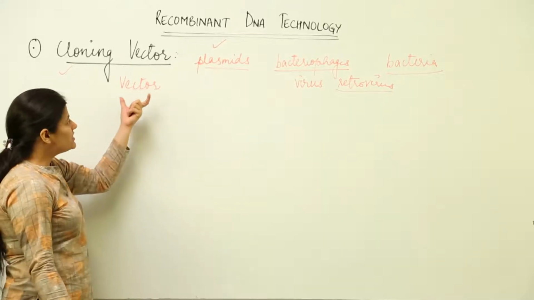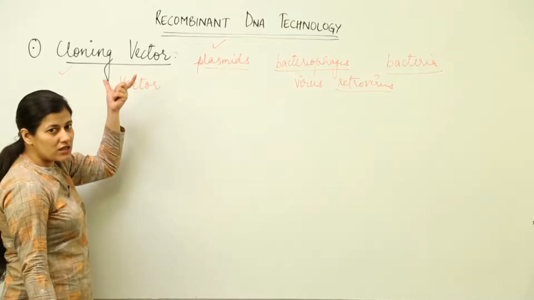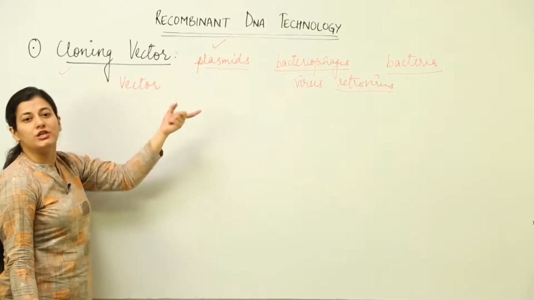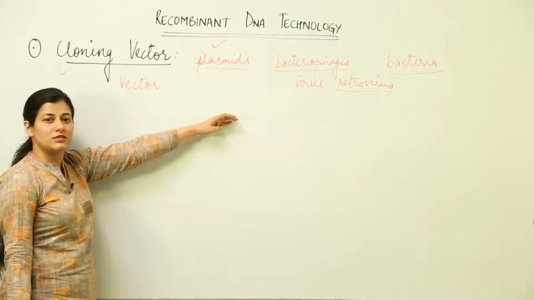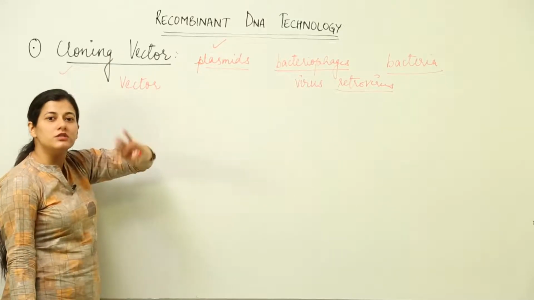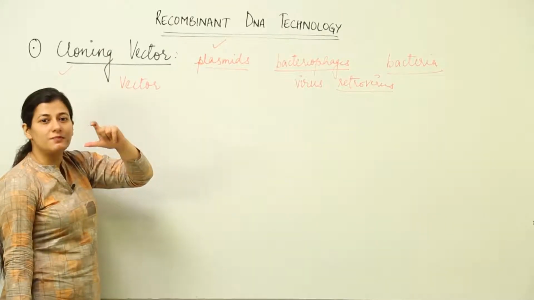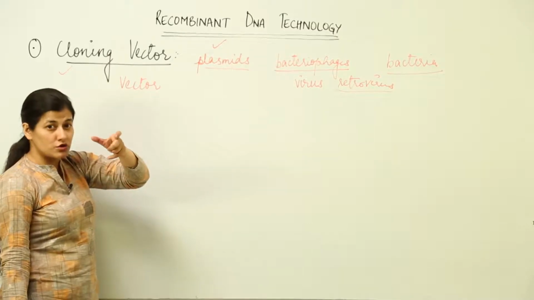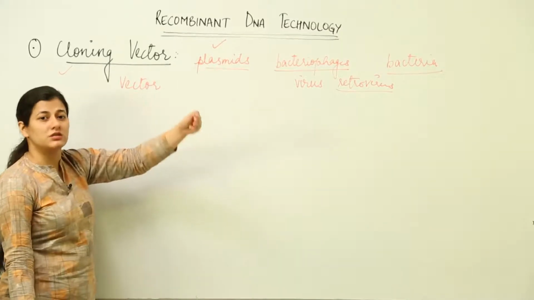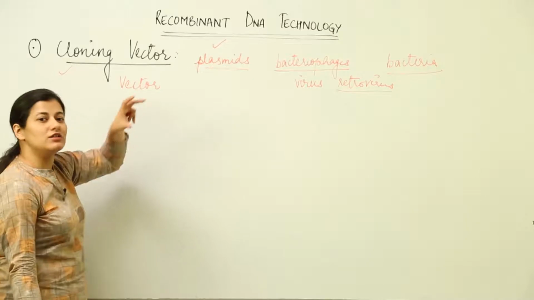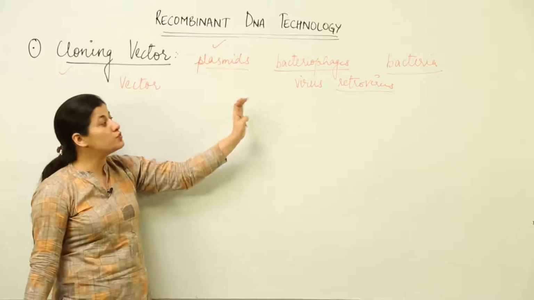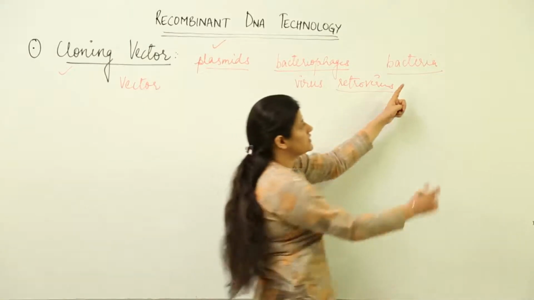That means this is the agency by which the gene of interest would be taken to the host. In the similar way as the mosquito, being a vector, carries the plasmodium, that is the pathogenic protozoan, to the host, that is human beings, the gene of interest would be taken to the host, which would be a bacterial cell.